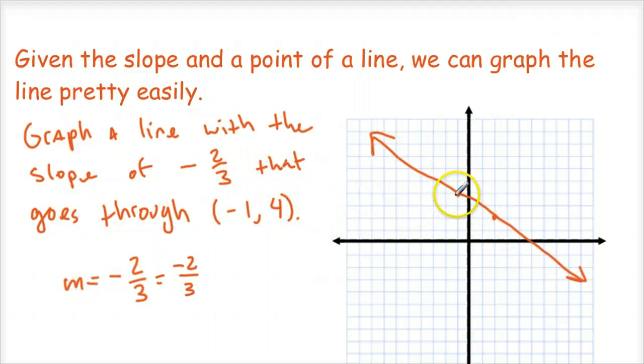It passes through the point negative 1, 4, and it has a slope of negative 2/3. Okay, so we go down 2 and over 3. So that's a pretty simple way to graph a line given the slope and a point of the line. And in this case, we're not even worried about what the equation of the line is or anything like that. We just want to graph it given this little bit of information.